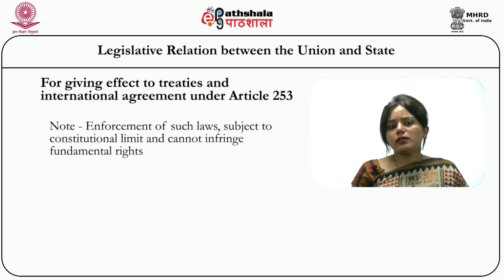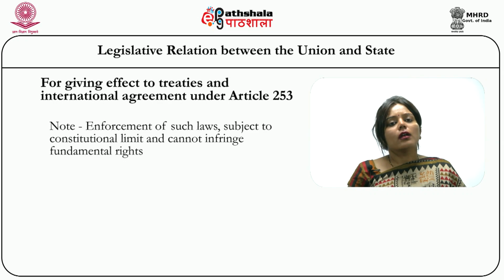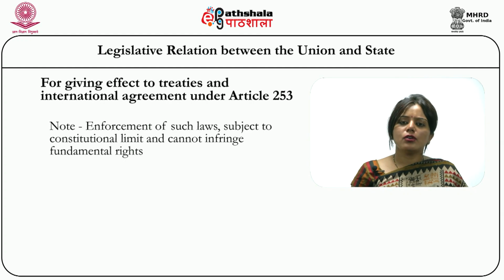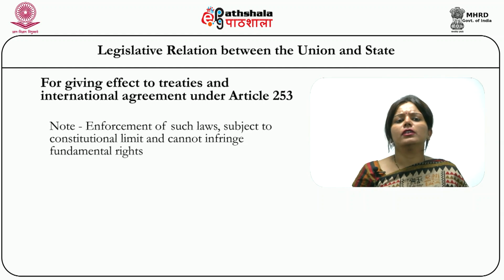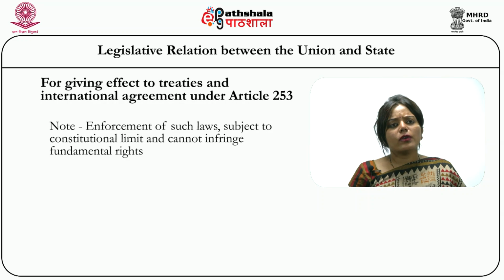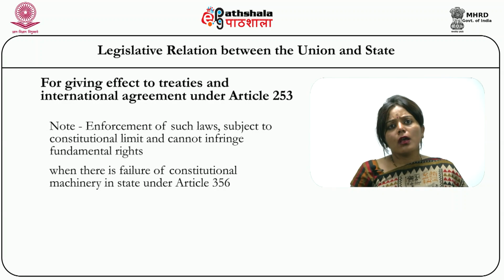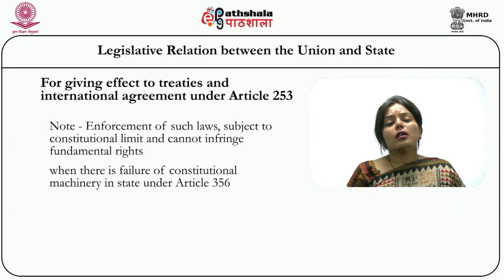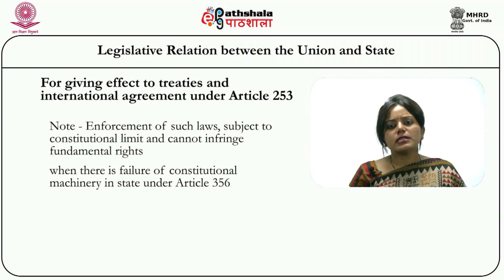The last one is the situation where Parliament can legislate for the state, very famous, very well known to every citizen of India, and that situation is when there is a failure of constitutional machinery in a state, given under Article 356.